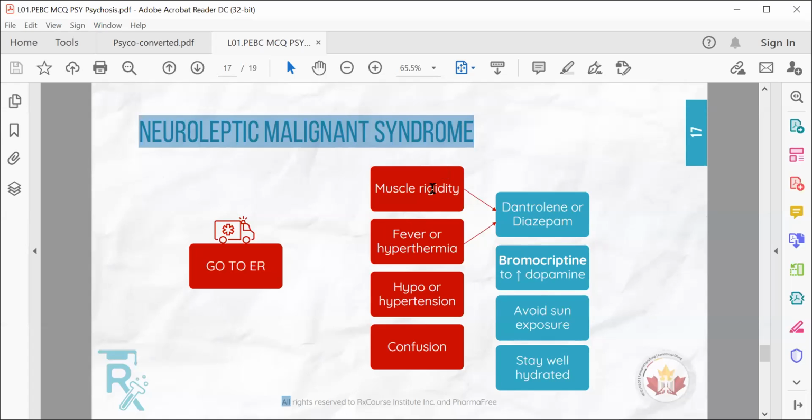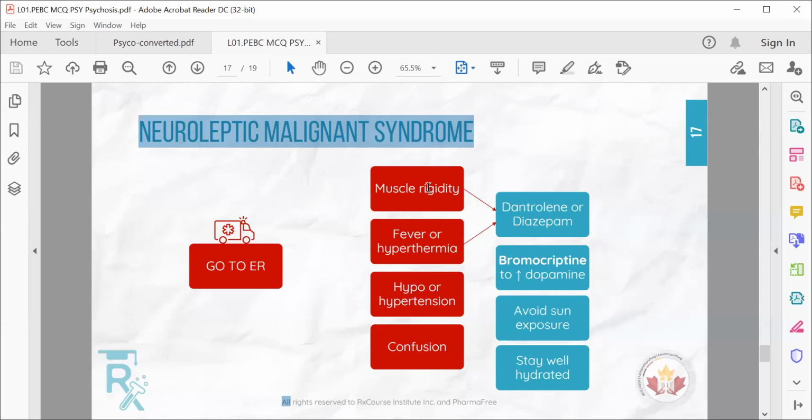This is very common. I have fever or hyperthermia. Also, the patient will tell you that I have palpitation in my heart, and this is mainly due to hypotension. And the patient will have muscle rigidity, a problem in walking or moving his arm. This is a reflection of neuroleptic malignant syndrome.